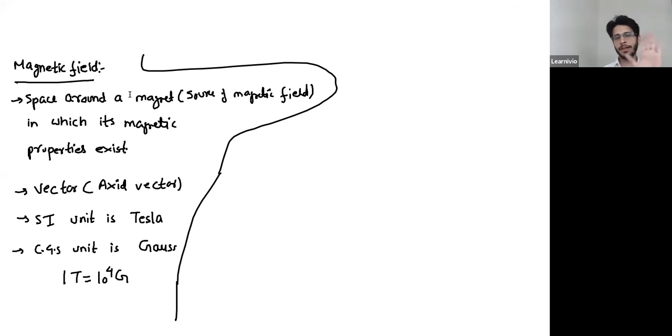Now, when we did electric field in chapter number 1, we studied 2 laws to calculate electric field. One was Coulomb's law, another one was Gauss law. Just like Coulomb's law, you have one law which is known as Biot-Savart's law to calculate magnetic field. And then like Gauss law, you have one law which is known as Ampere's Circuital law. If you look at the division of the chapter, it matches that of chapter number 1.